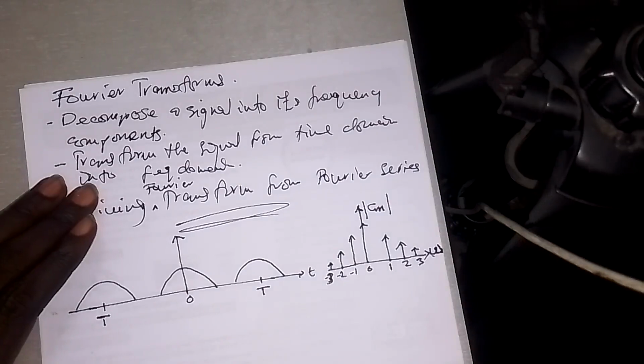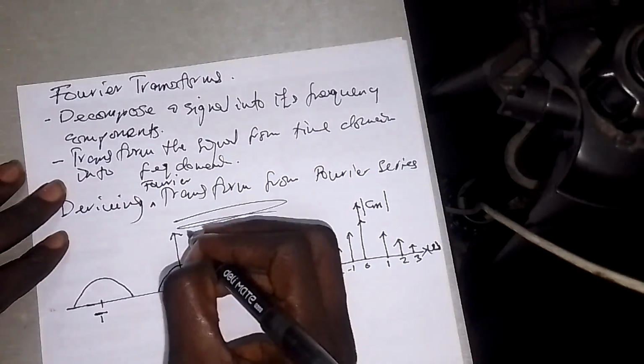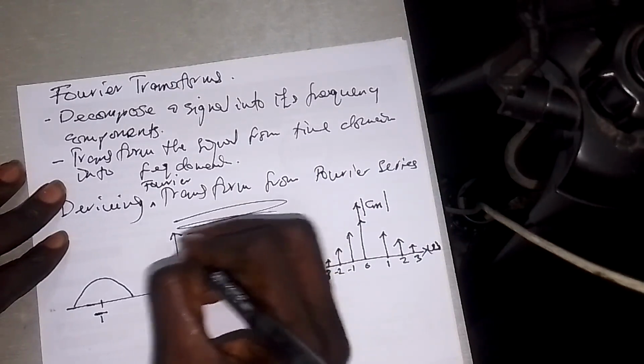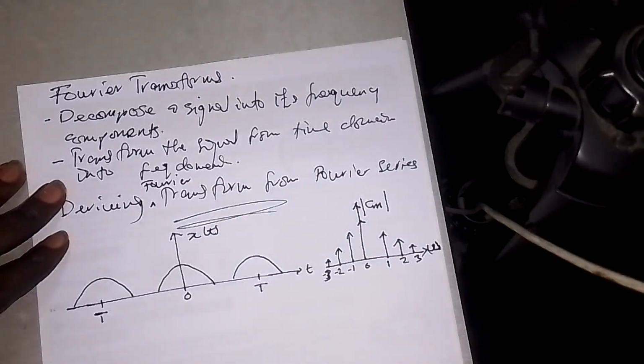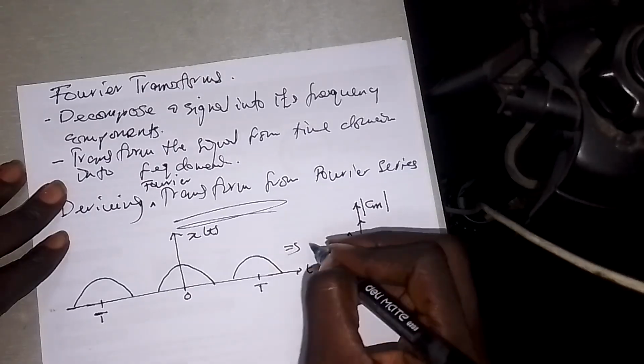So this is the frequency spectrum of x of t, of the periodic signal here.